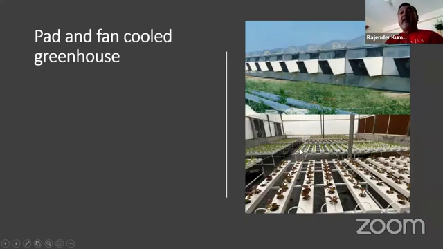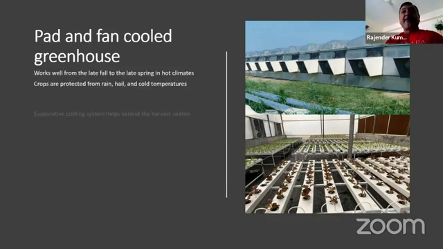Only, you have to see that energy and water consumption is very high in this fan-fed structure. So you have to see which crop you can grow. Mostly people grow either lettuces or herbs or berries inside this structure.